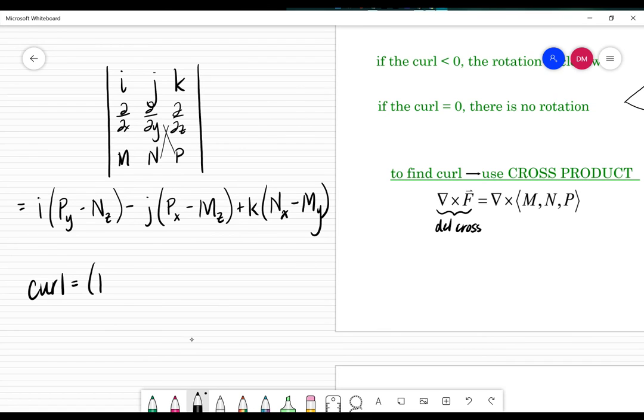So you will see it written out. In order to find curl, you do P partial y minus N partial z, minus the quantity P partial x minus M partial z, plus, leaving off the k, the quantity N partial x minus M partial y.